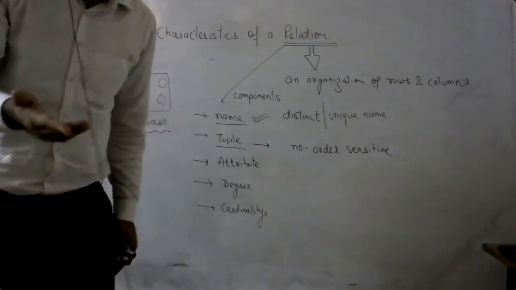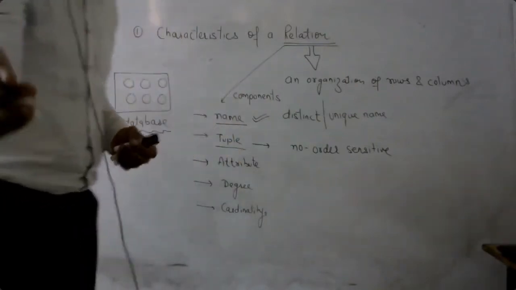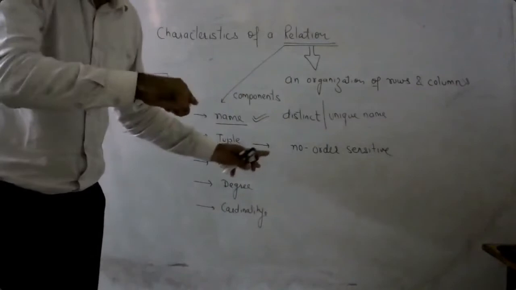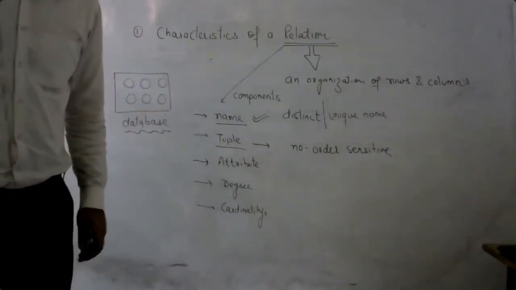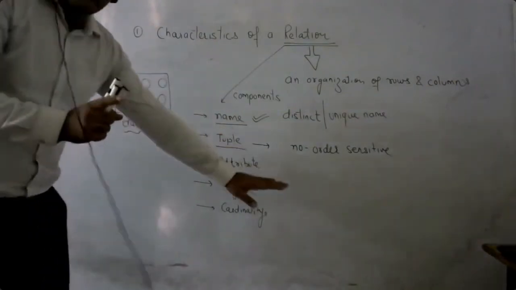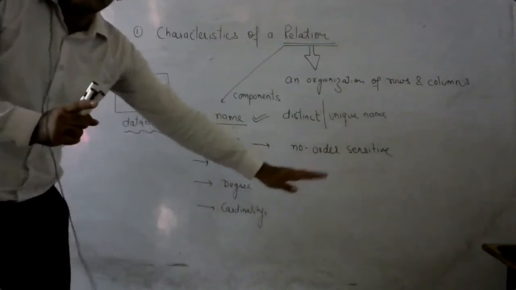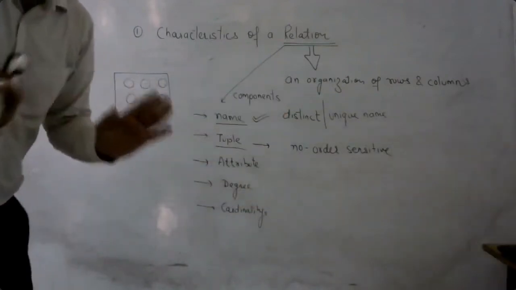If you want to write any relation, let's take yesterday's relation: EMP underscore code, name, and year of experience. If we write the third tuple first, in place of the first, there is no issue at all.